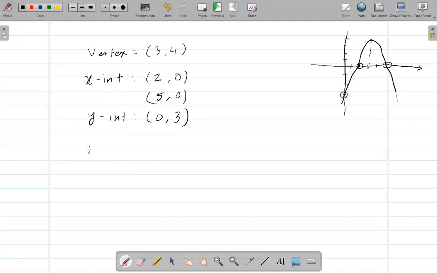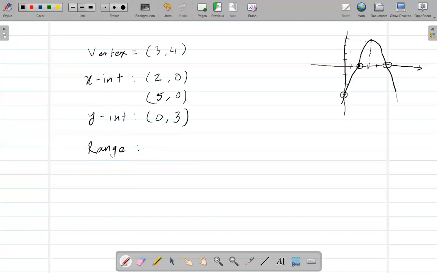The last one is the range. The range means all the possible y values, right? So we have to look at the y-axis.